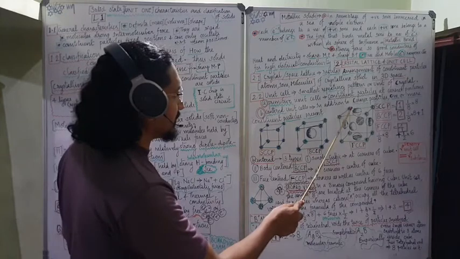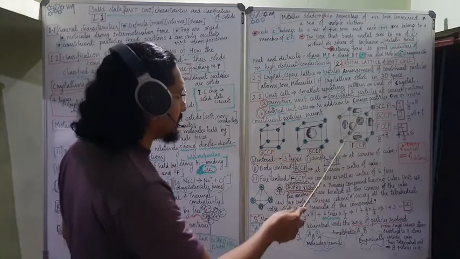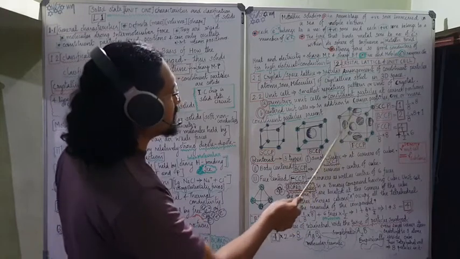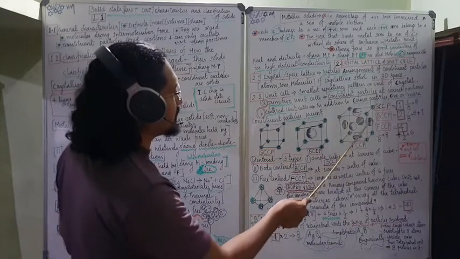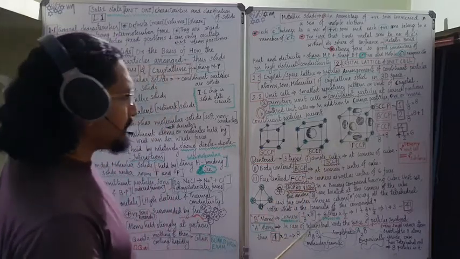Look at this picture: this is B, this is B, this is B. Everything is B.